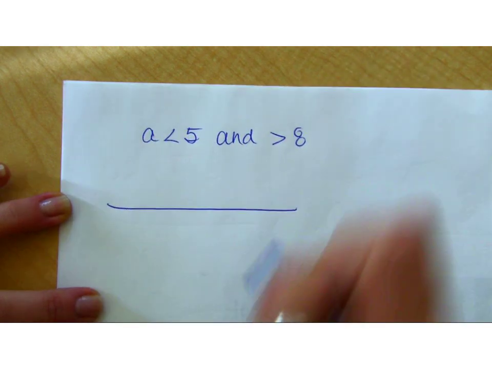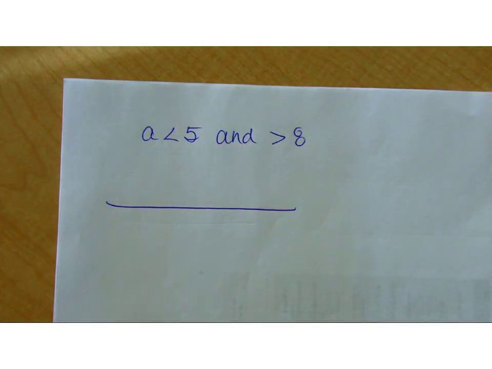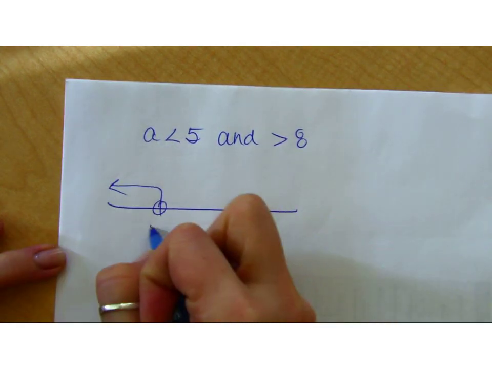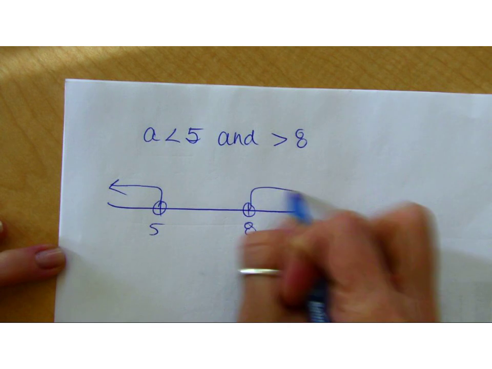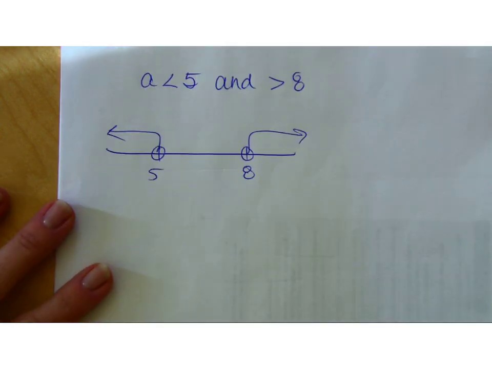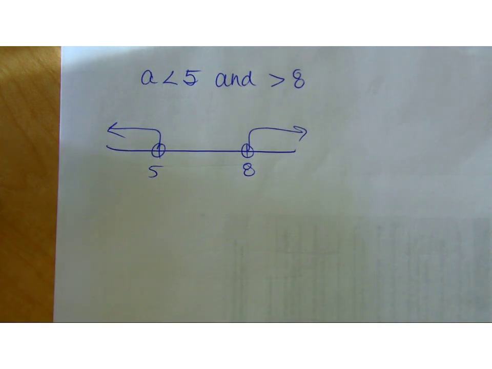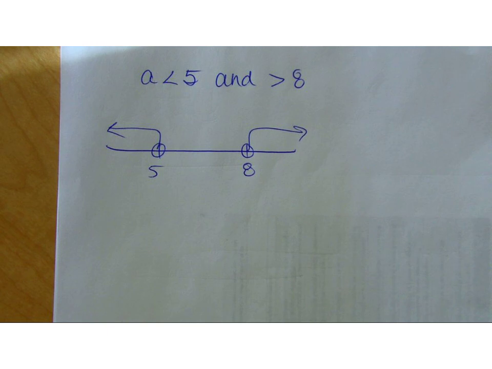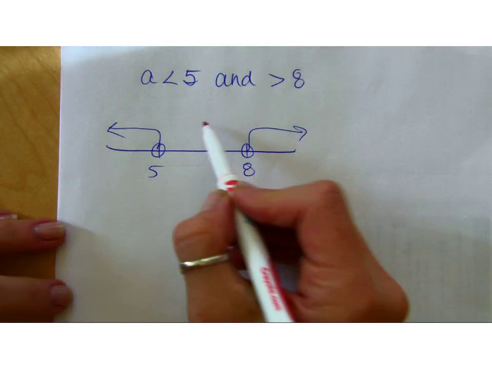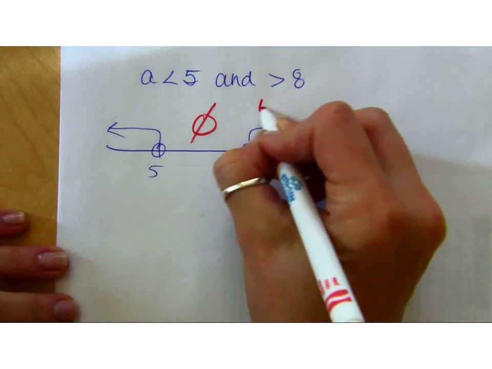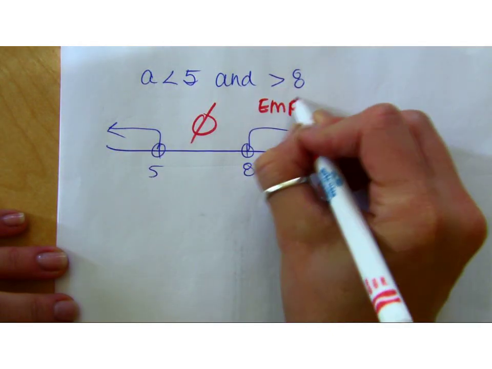You're going to graph every single one of these just because it's going to help you. Here are the numbers less than 5. Here are all the numbers greater than 8. Do you see any overlap anywhere? No. So is there a number that fits both of these? No. So guess what we call this? We call this an empty set. A 0 with a symbol, like a little slash through it, means empty set.